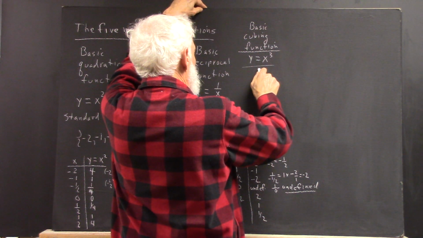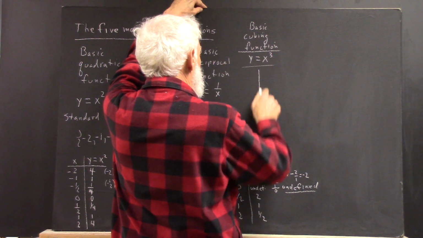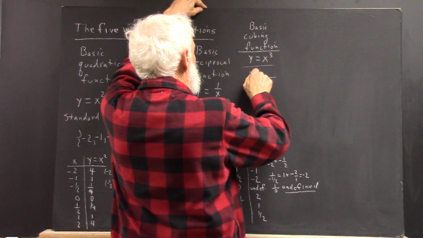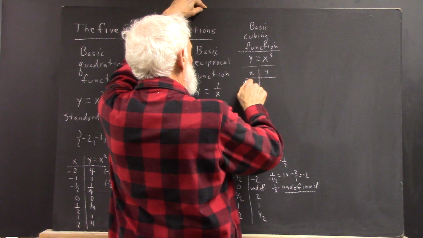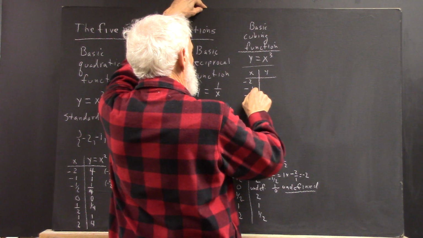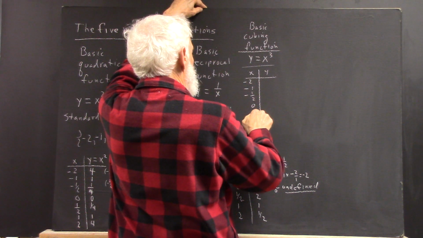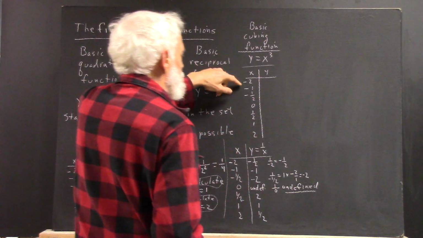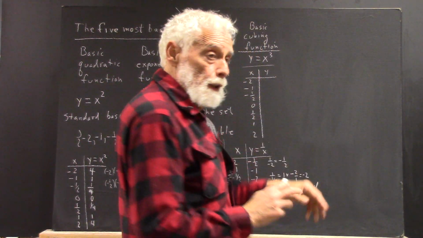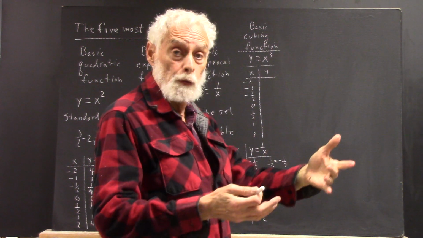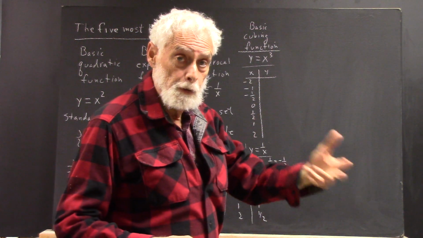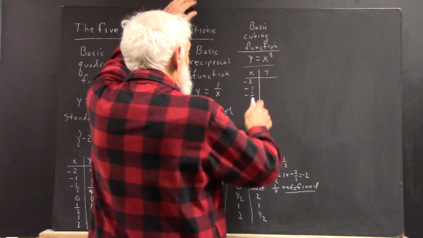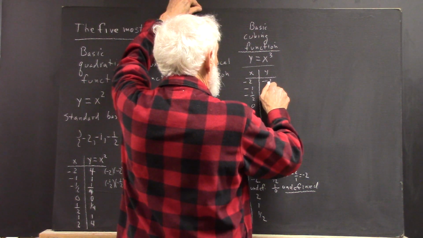And the table is quite straightforward. If you cube -2, well, -2 times -2 is +4, and multiply that by -2, you get -8. Arithmetic is very simple here.